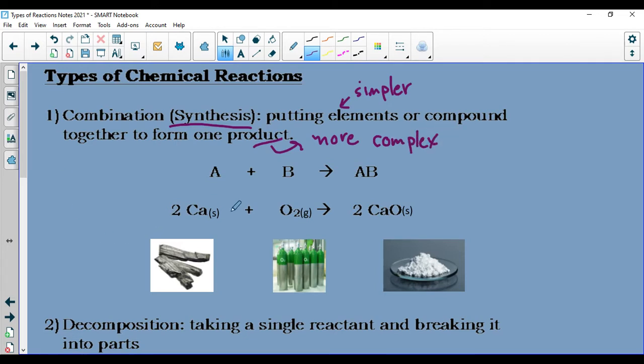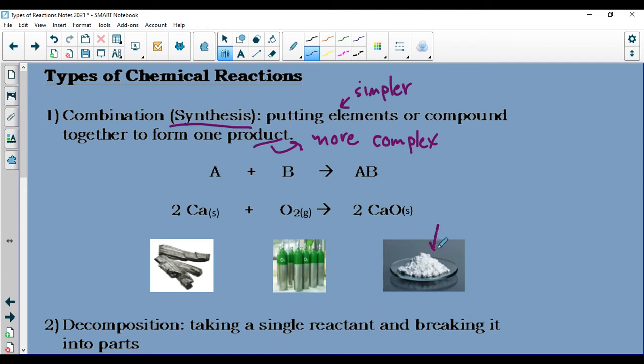So in this example that we have here, we have calcium metal, which we can see here. It's kind of a softer metal. It has that lustrous shine. And oxygen gas I'm representing here with these gas tanks, but there is oxygen in the air. So if we burn calcium in the presence of oxygen, we can create calcium oxide.